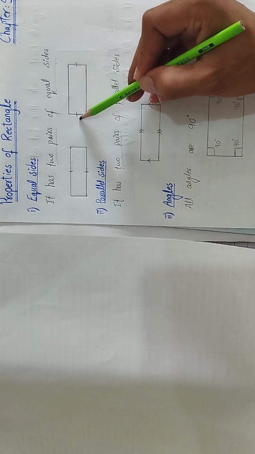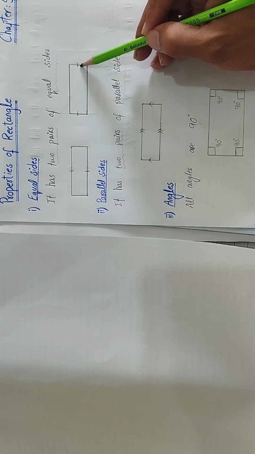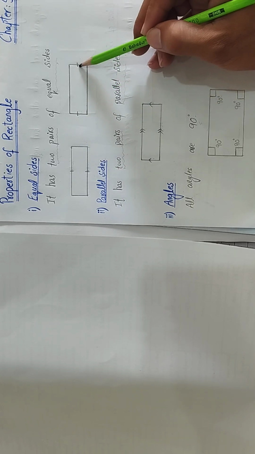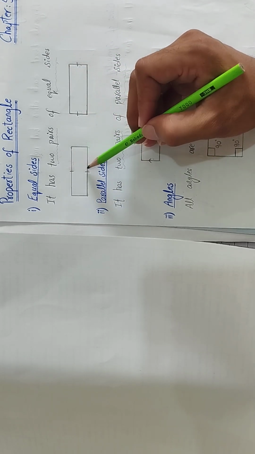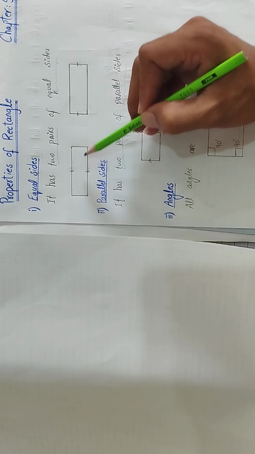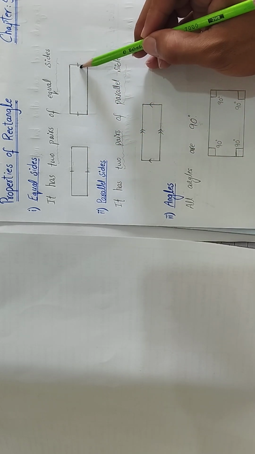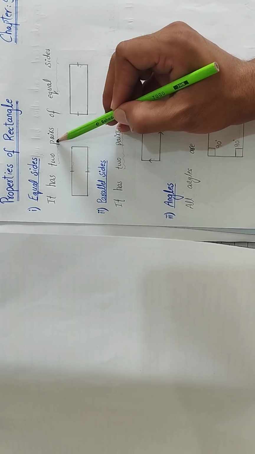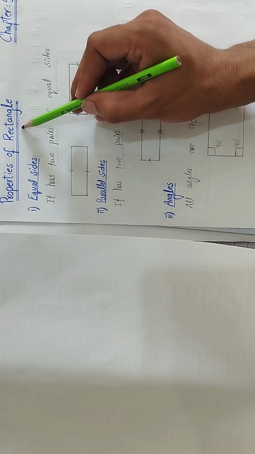Again, equal sides means the length of this side is equal to the length of this side. These 2 sides are equal in length. So this one is second pair. One pair is this, these 2 opposite sides are equal in length, and the second pair is this one. These 2 sides are equal in length. So we have 2 pairs of equal sides in a rectangle.